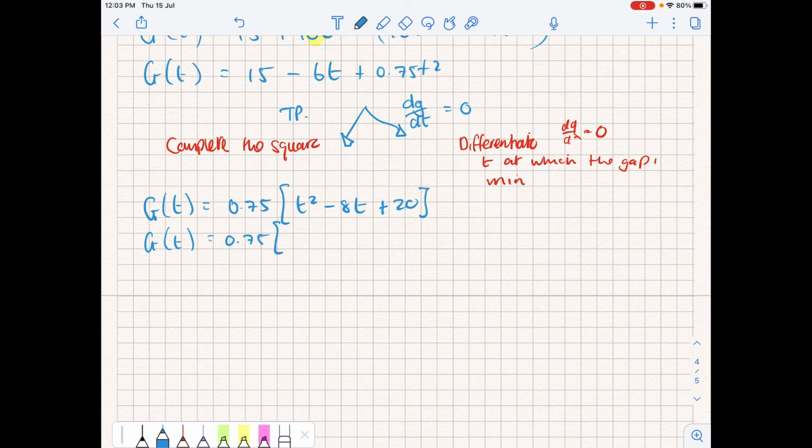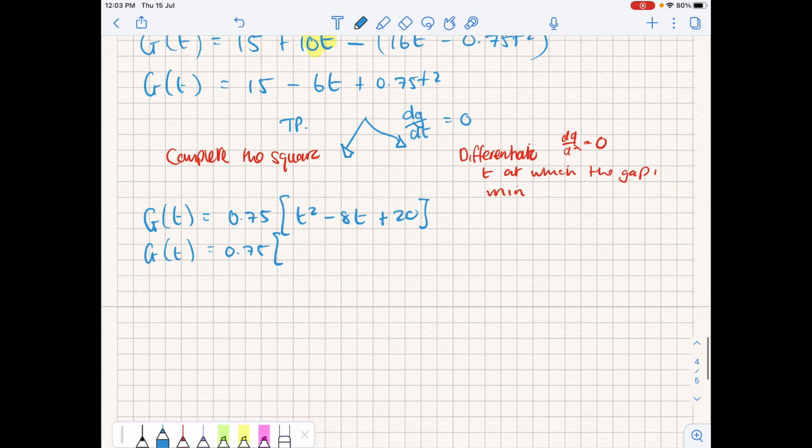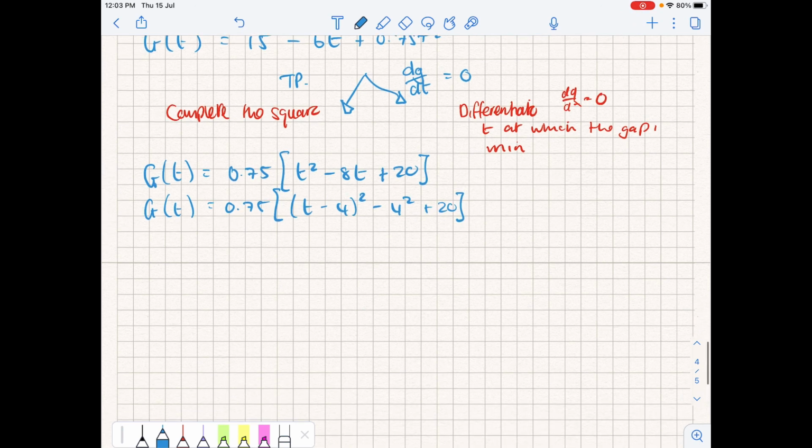Right, now I just need to complete the square. All right, so I'm going to have t minus 4 squared minus that 4 squared plus 20. Okay, so that's going to give me minus 16 plus 20, which is just 4.